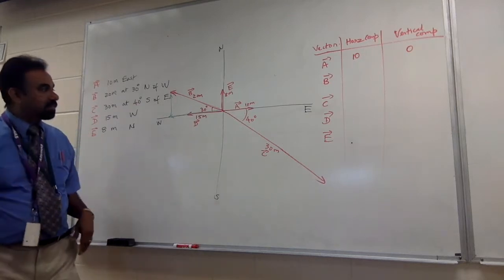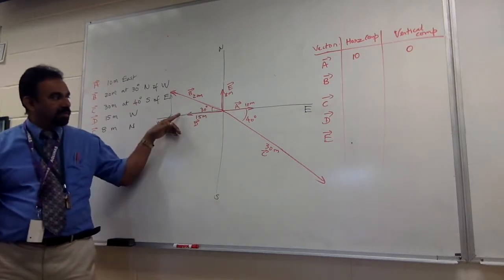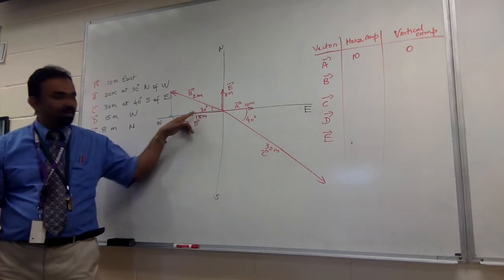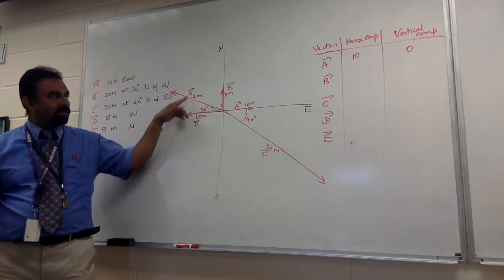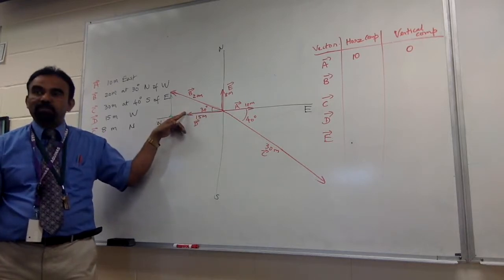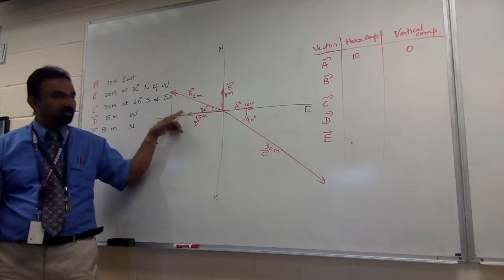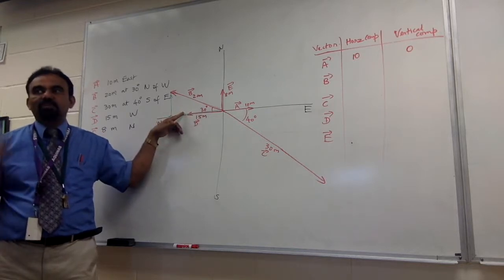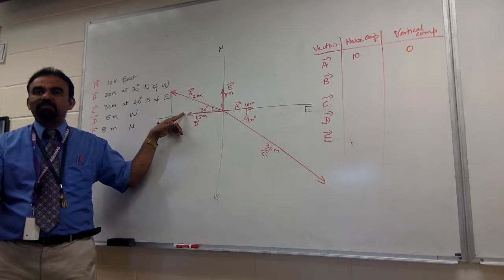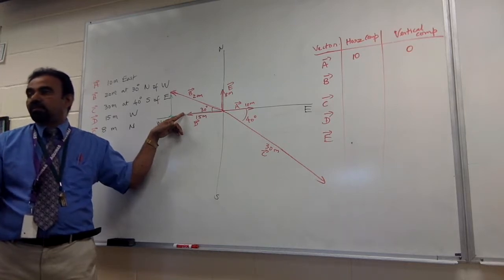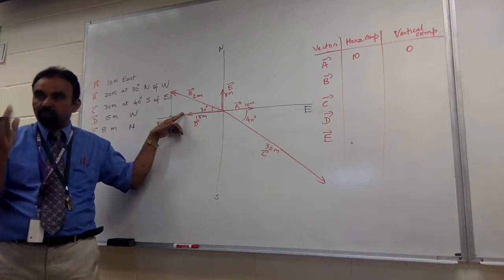Now tell me this. Is this the adjacent component of B or the opposite component of B for this angle? So when it is the adjacent component, what do we do? The vector times sine or cosine? Cosine.